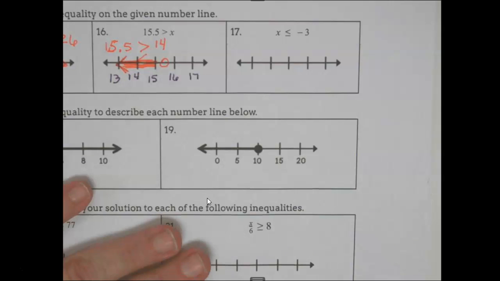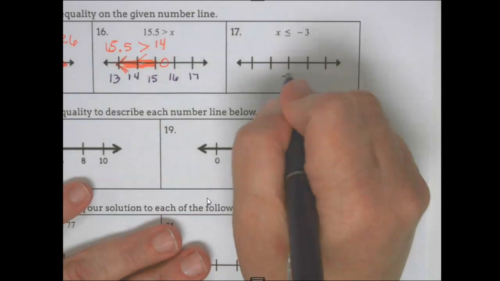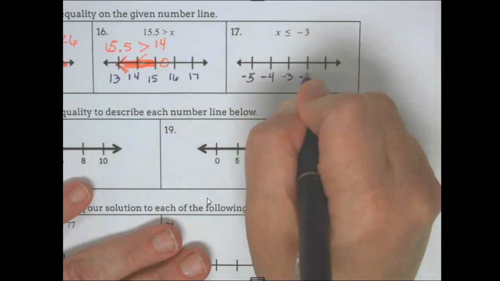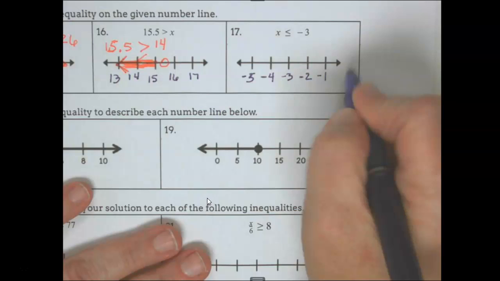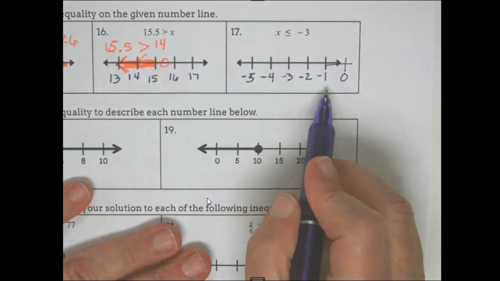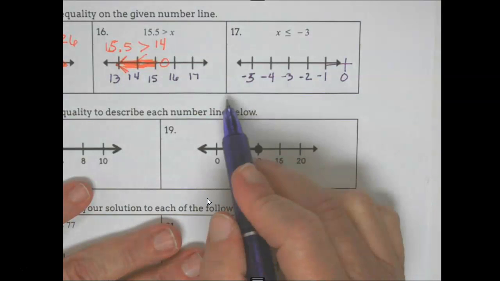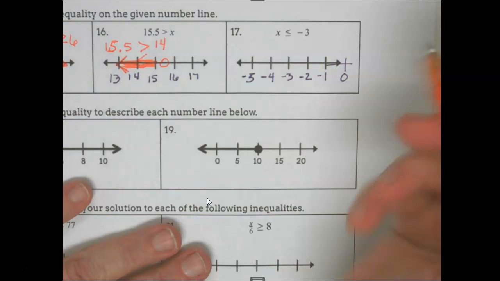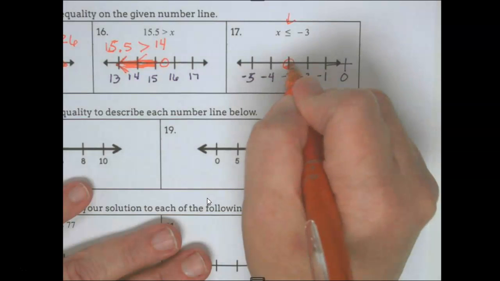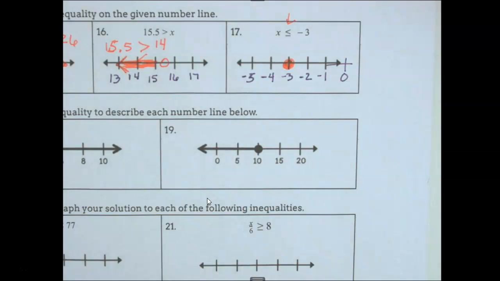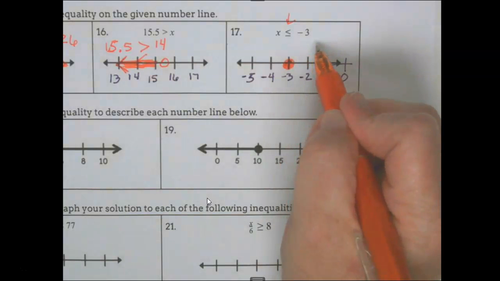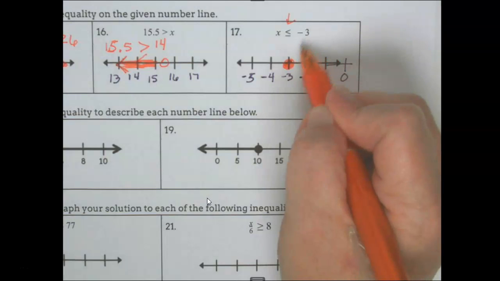So looking at this one, it is negative numbers. When you have negative, you need to be careful because of the way the number line goes. It starts at 0 and counts from 0 going to the left. And so this is a closed circle on negative 3. The bigger side is always pointing to the bigger number.